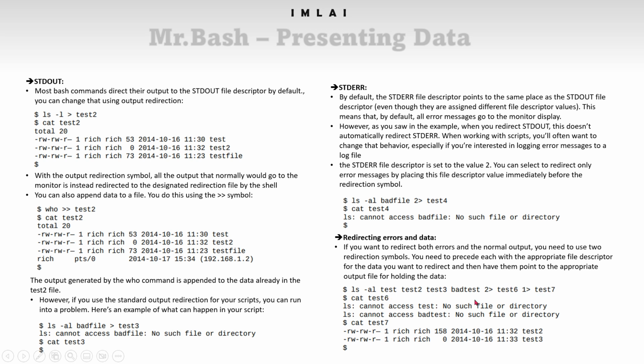So here standard error you want to put in test6, and normal data you don't want to put there, whereas all the output from test6 you want to put in test7, the data. So 2 is for the standard error, 1 is for the data. Finally, if you check test7, only the data is there, whereas in test6 you can only find the standard errors.